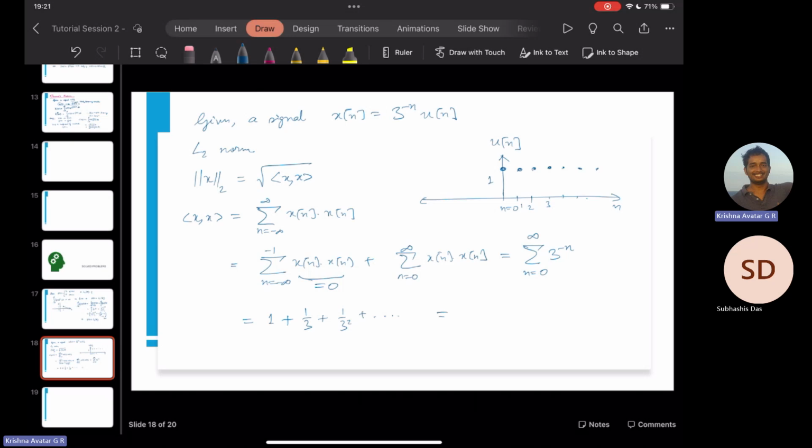You can recognize that it seems like a geometric progression, of the form a, ar, ar squared, and so on. So a is equal to 1, and r is ar by a, which in this case is 1 by 3. Also, you are summing over an infinite number of terms, so it's an infinite series.